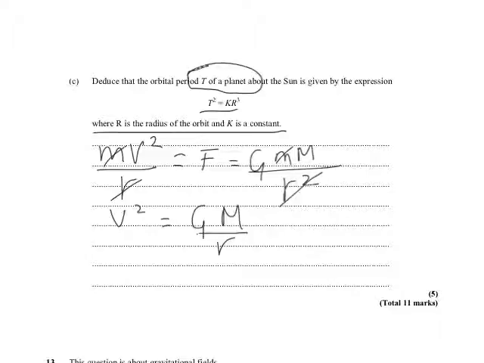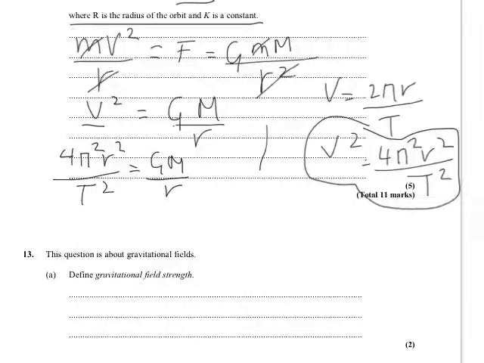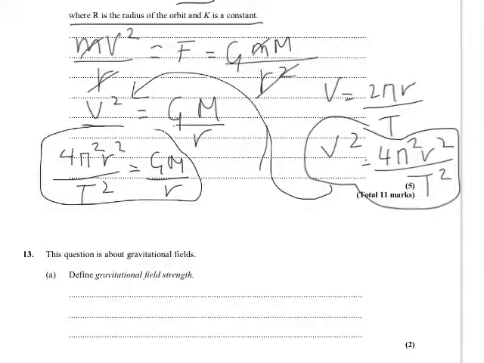But on the other hand, from circular motion, we also know that the linear speed is equal to 2 pi r over T. So if we square that, we end up with 4 pi squared r squared over T squared. Okay, so if we substitute this now in to here, you get this substitution in there, and you should get this new equation.